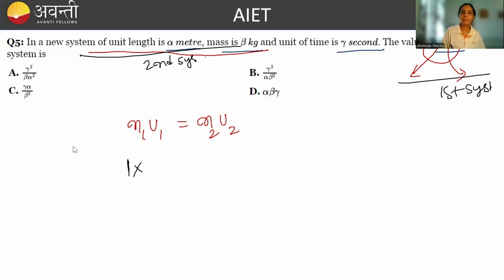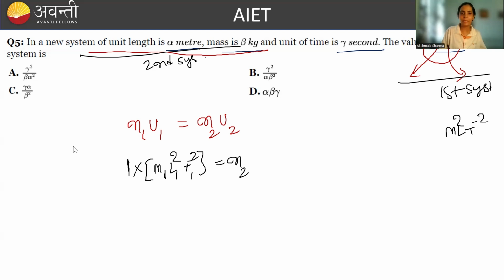U1 can be written as what? Let's write here its dimension. This is joule, so what will you write here? Let's say I'm writing M1, because the dimension of energy is M L square T minus 2. So in the first system of unit, I'm writing it as M1 L1 square T1 minus 2. N2 we don't know, right?